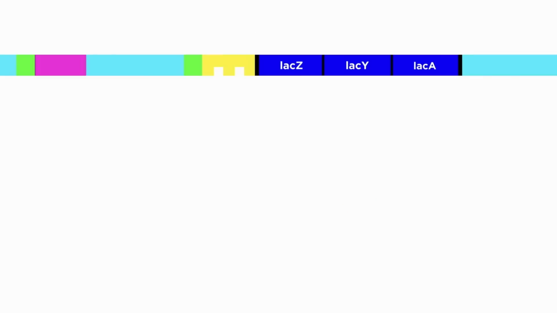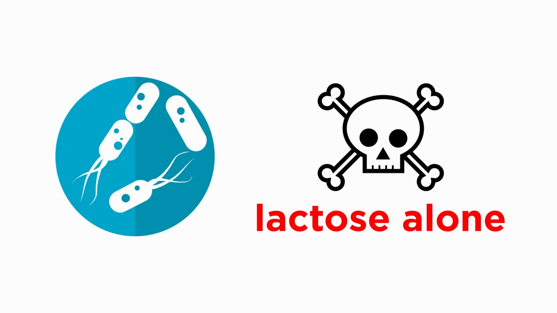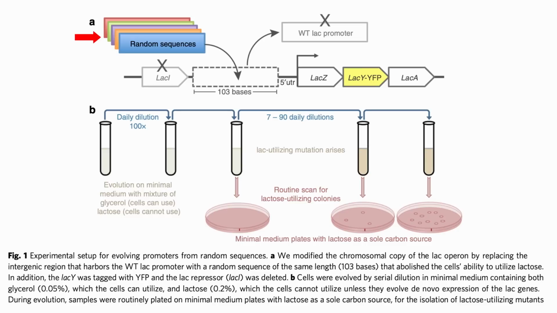As a control, in one case, the promoter region was simply deleted and not replaced with anything. Needless to say, these bacteria could not survive on lactose alone because they could not metabolize it. Different clones with different random sequences were grown on a medium consisting of some glycerol, which they could metabolize, and increasing levels of lactose.